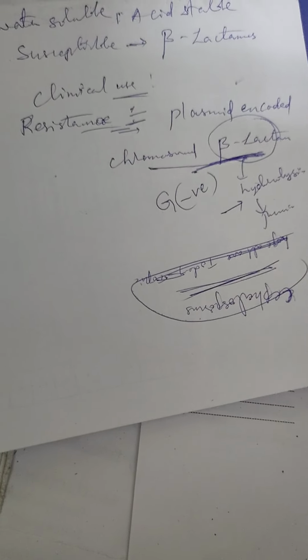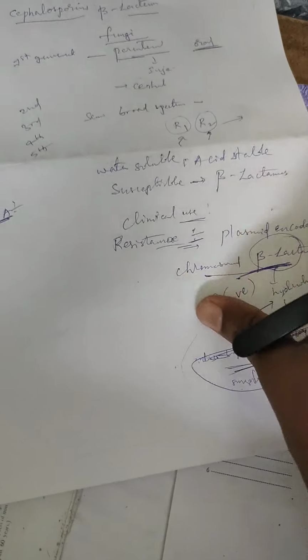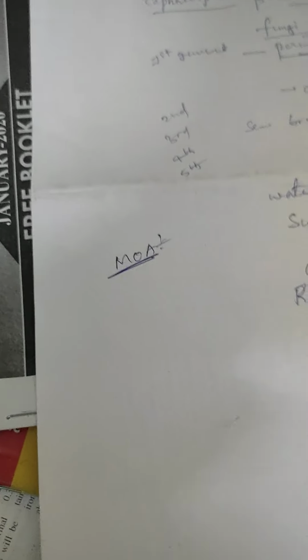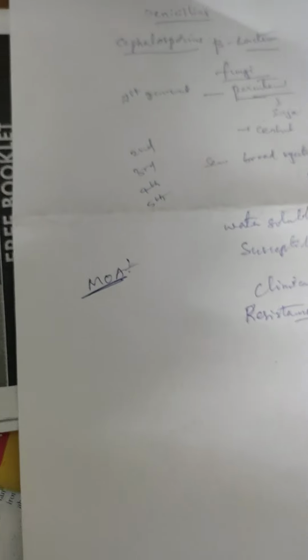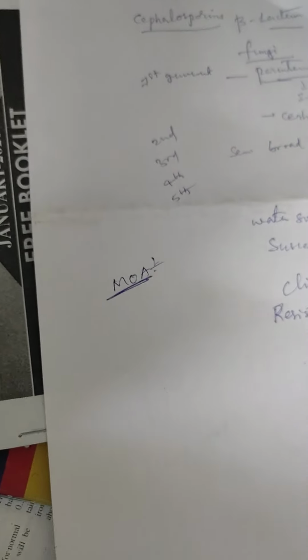Next, mechanism of action. Already you know the basic principles of chemotherapy. We have discussed different targets useful for chemotherapy, the biochemical reactions: class 1 reactions, class 2 reactions, class 3 reactions, and formed elements.